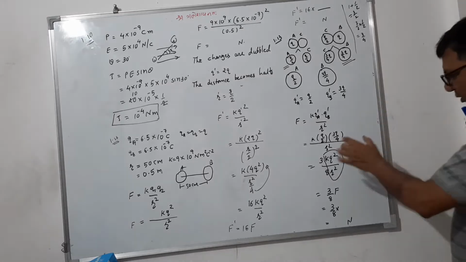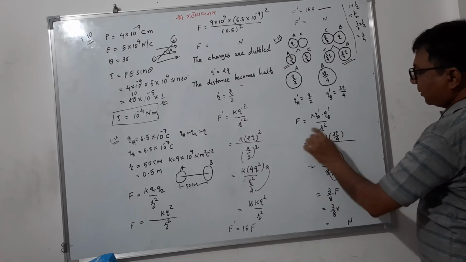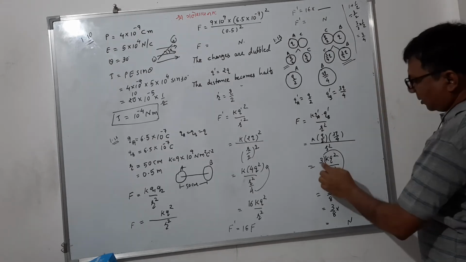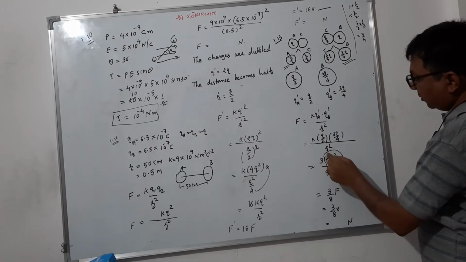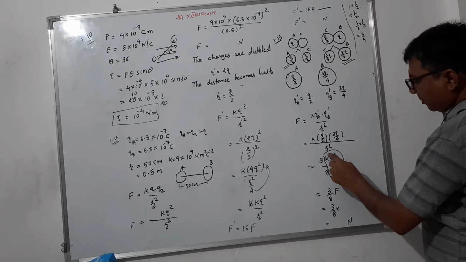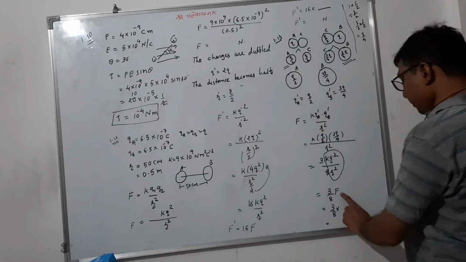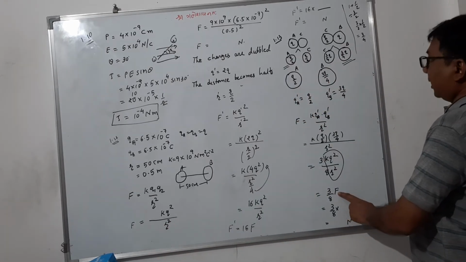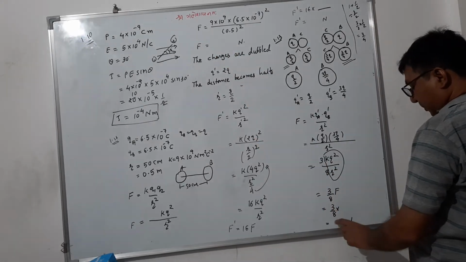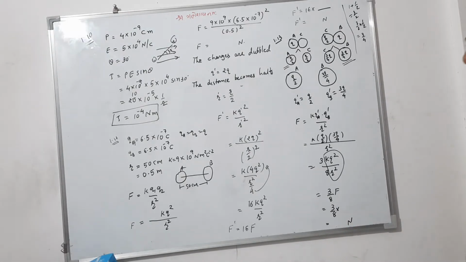So the denominator goes downside, 4 times 2 is 8, and 3 goes up. So K Q square upon R square is nothing else but F. So you will write F here, and you have to write the value of F again. So 3 by 8 multiplied by this F, you will get the result.